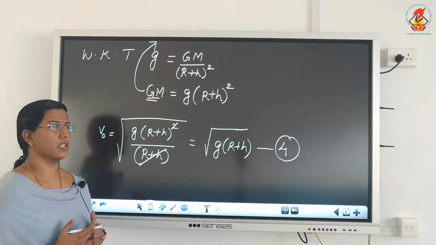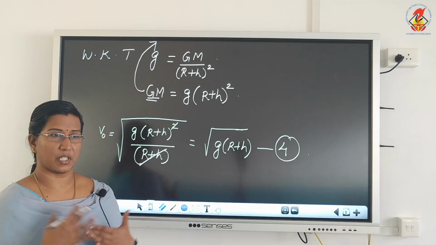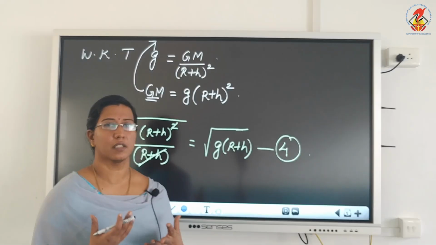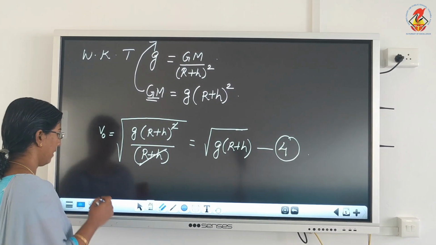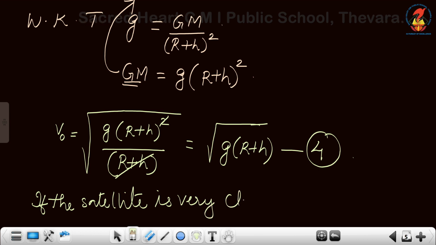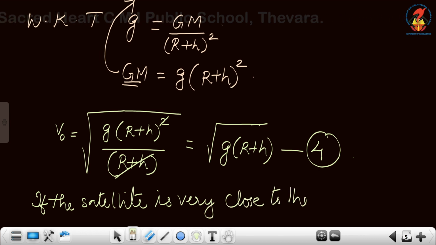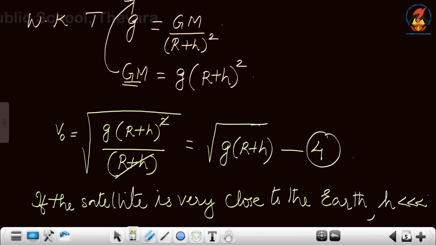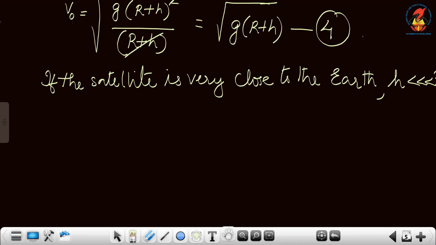Now, imagine the satellite is very close to the Earth, so that compared to the radius of the Earth, h is very small. If the satellite is very close to the Earth, h will be very small when compared to r. Then we can neglect h in the above equation and we can write orbital velocity v0 is equal to root of g into r.